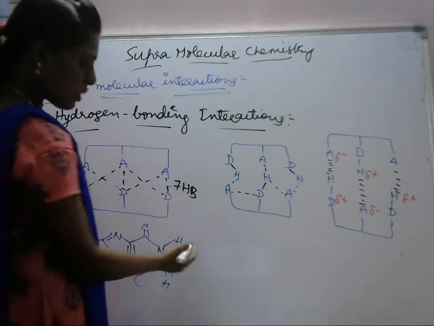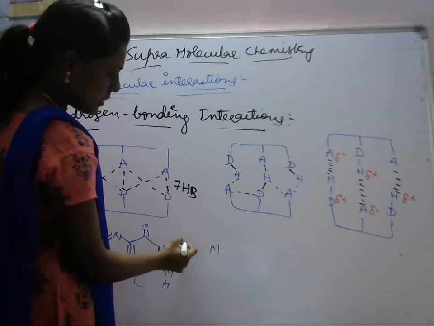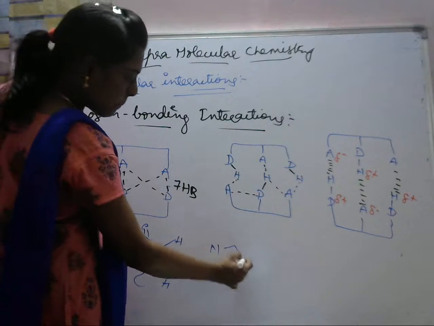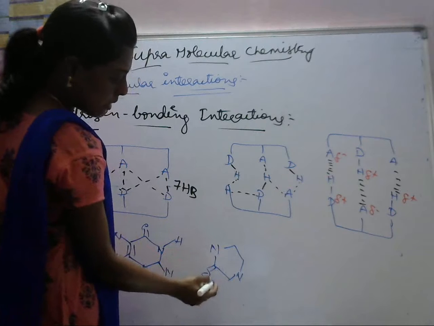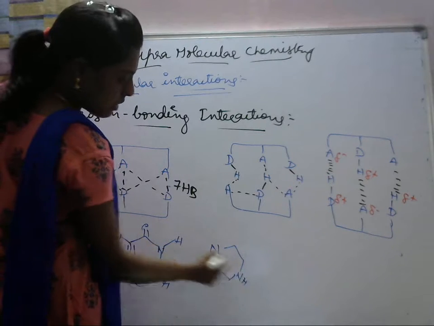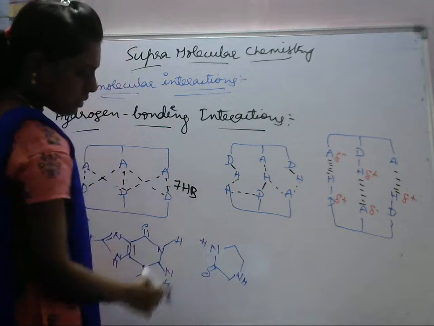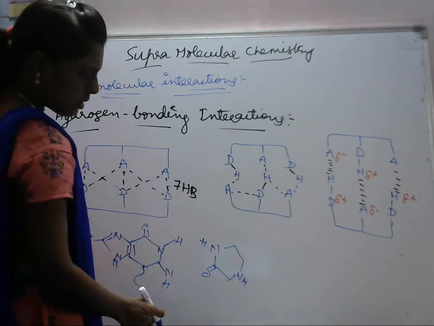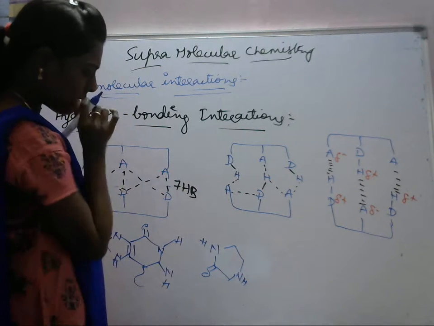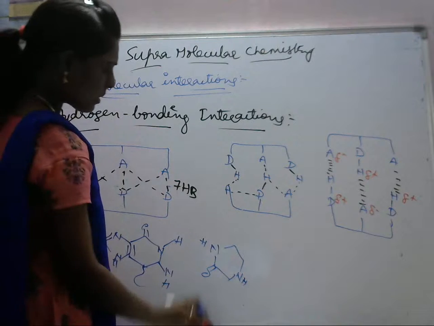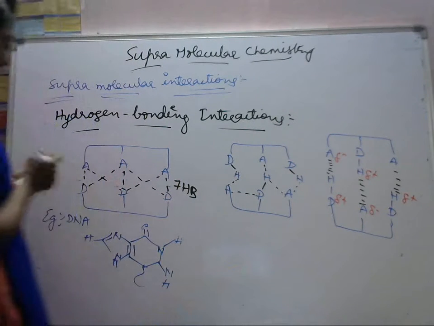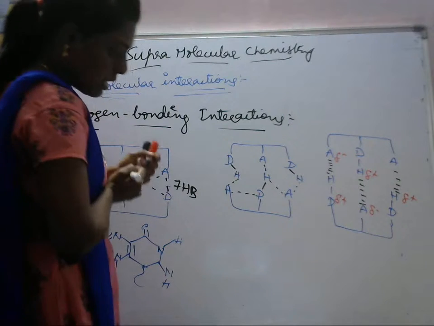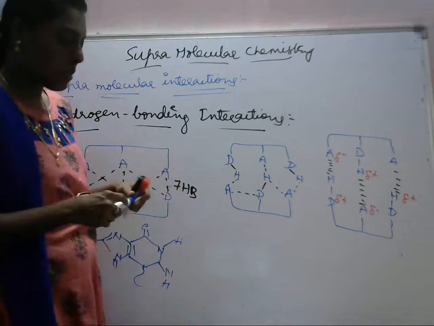I have already explained this, so here a double bond will be there, NH will be there, H will be there, and NH2. Alright.